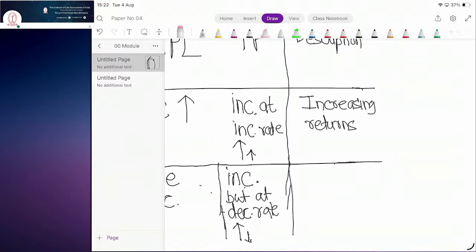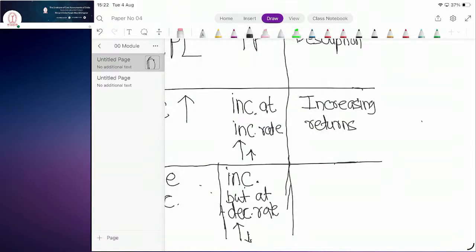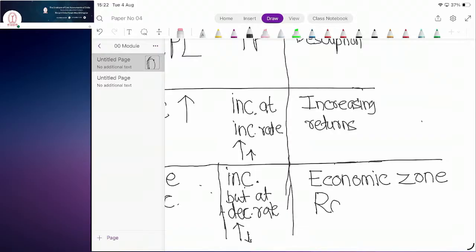Stage 2 we will see has 3 common names. This stage is called economic zone or economic region, or it is also called the rational zone, means generally this is where people think and operate.